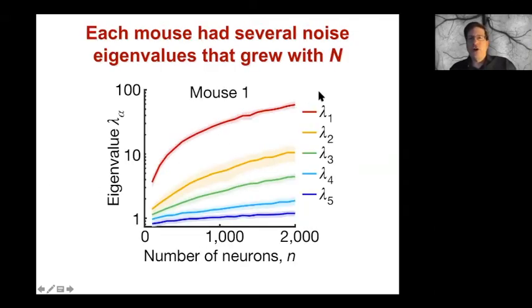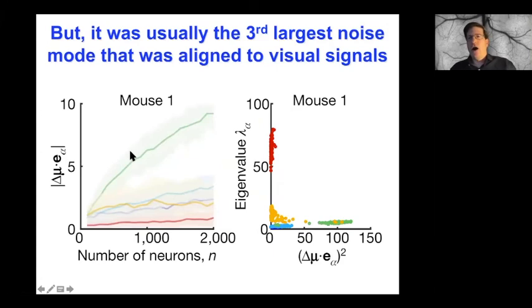Now, we took a look in the individual mice at the top few eigenvalues of the noise covariance matrix. And here you can see there are in fact several that grow with the number of neurons. And this was typical across all the mice that we looked at. But not all of these noise eigenvectors will interfere with one's ability to discriminate between the two stimuli.